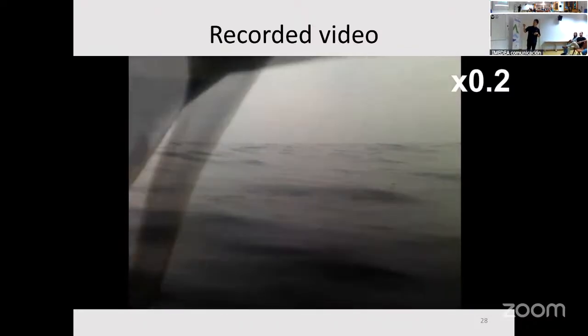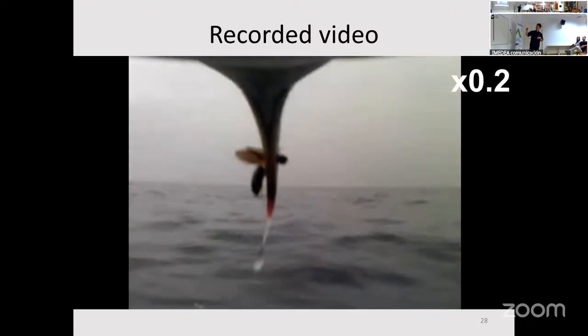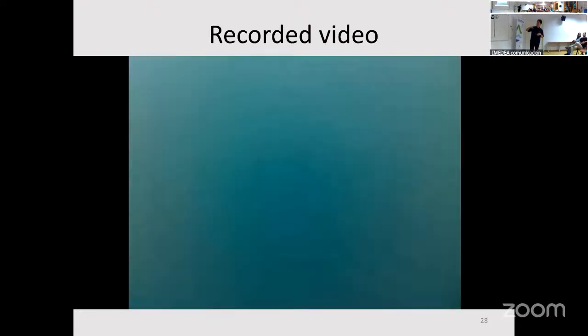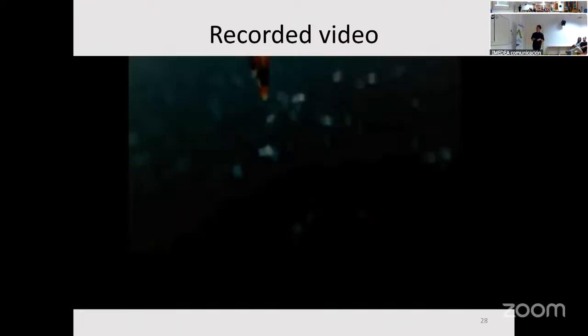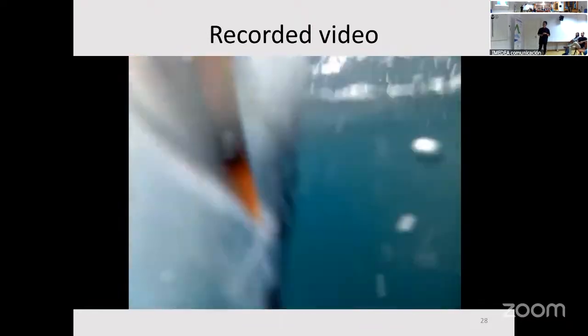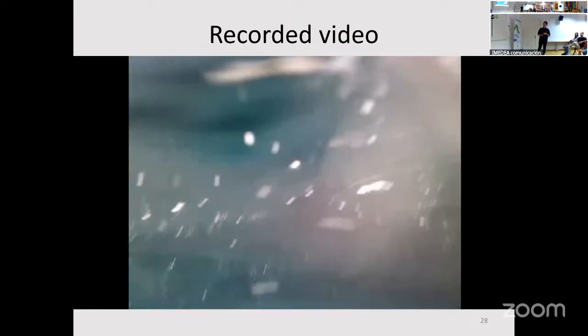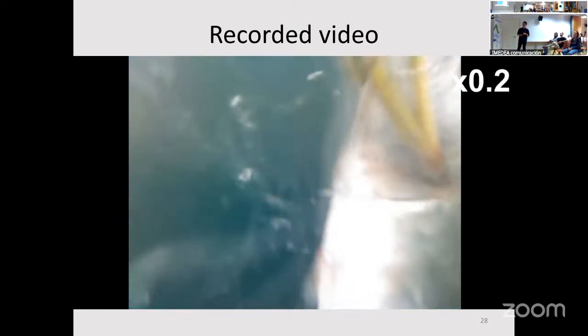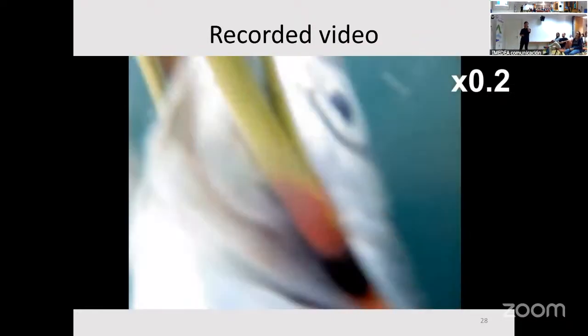It also captured insects over the sea. And after that, they dive many times and capture fish. The behavior of capturing insects over the sea was a new discovery, and it has also been published in a journal.